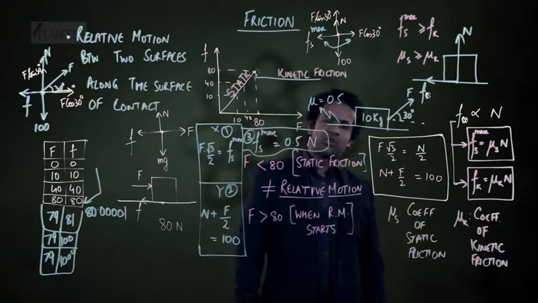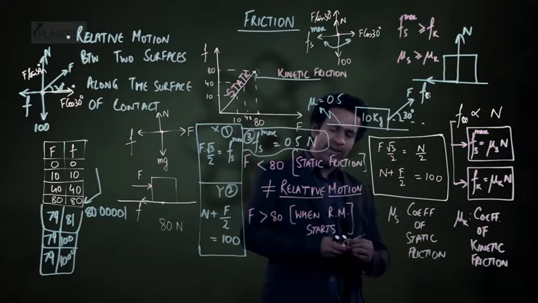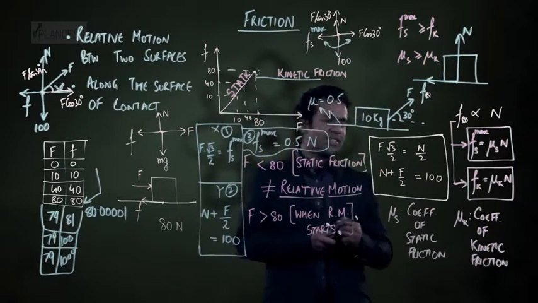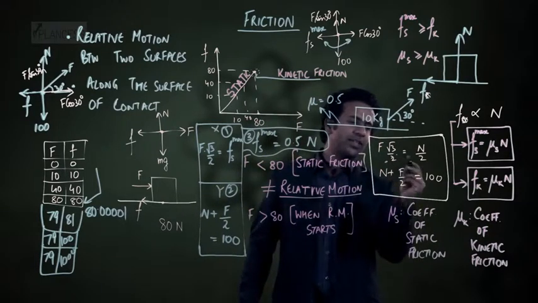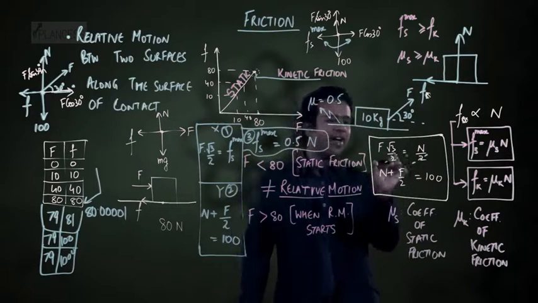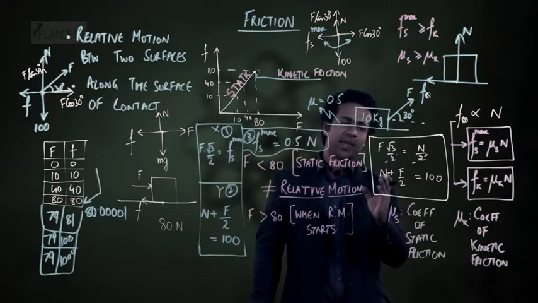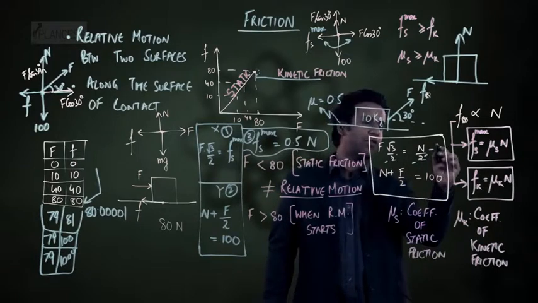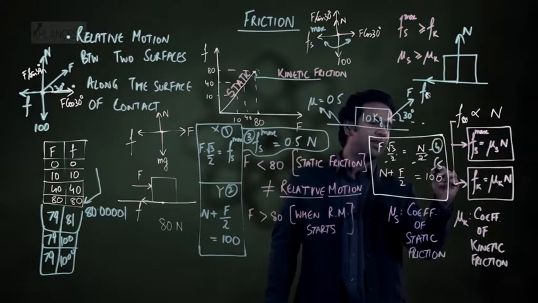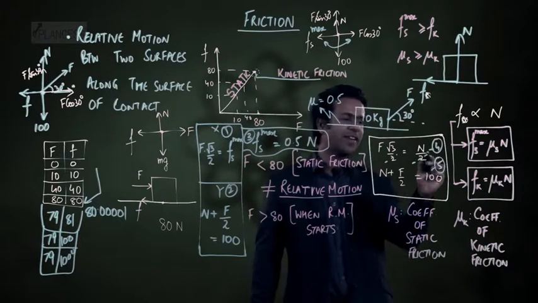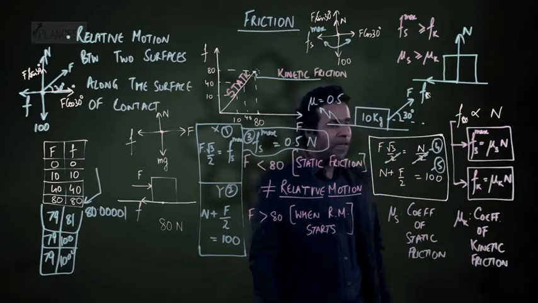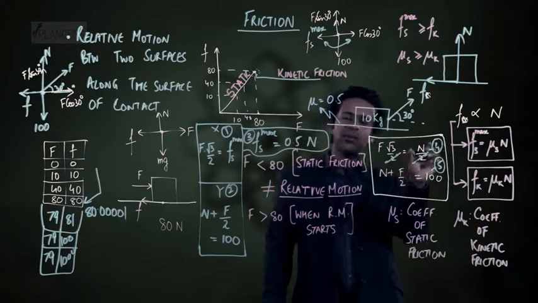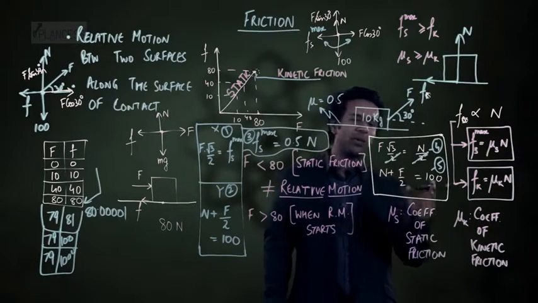Now, to solve this, what you should do is cancel these two on both sides. So now you have F root 3 is equal to N. Let's call these 4 and 5. After cancelling this 2 with this 2, I have F root 3 equal to N and N plus F by 2 equal to 100.